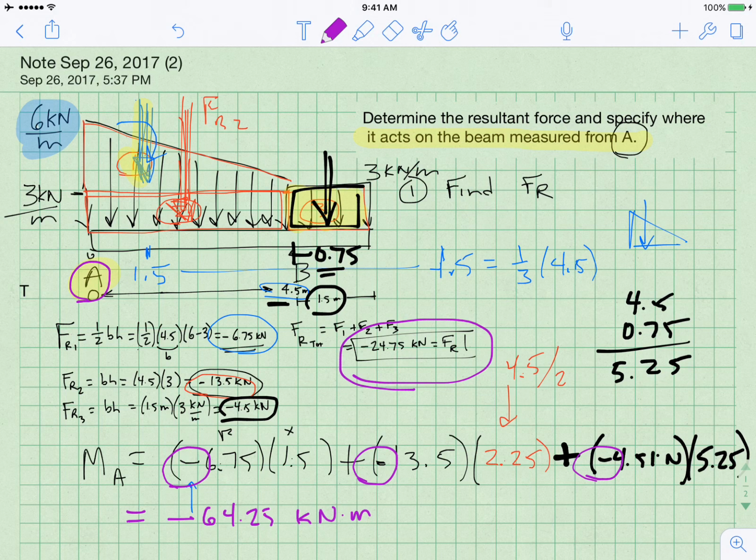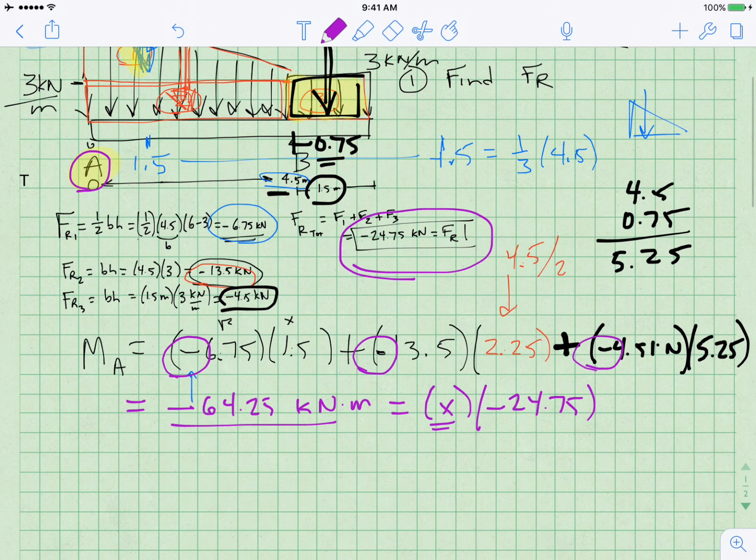In other words, this value of minus 64.25 has to equal some distance times negative 24.75. And so now we solve for distance. X will equal 64.25 over 24.75, which is equal to 2.59 meters, which is our distance.